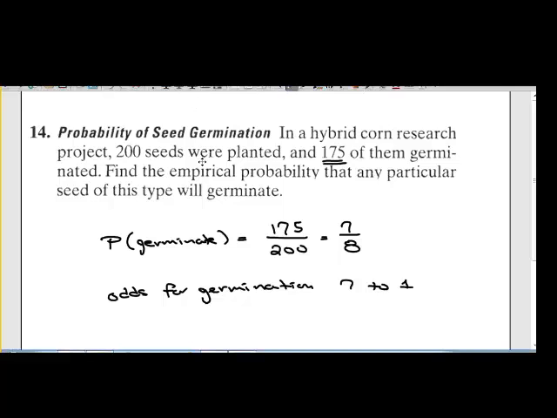And if you take the other kind of statistics, if you were a scientist and you wanted to know how many seeds do I need to plant to get a reasonable estimate of the theoretical results, that's a question for inferential statistics.